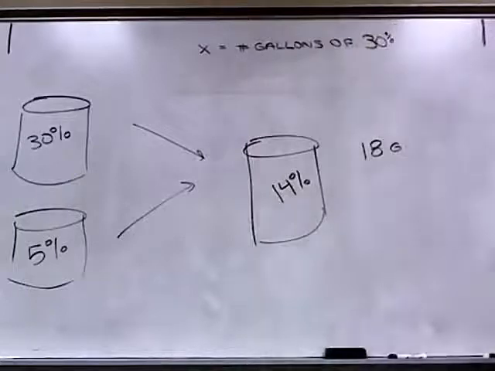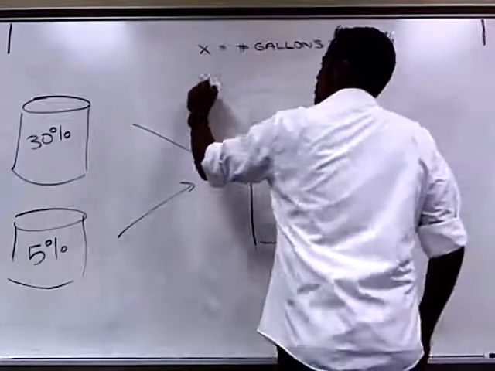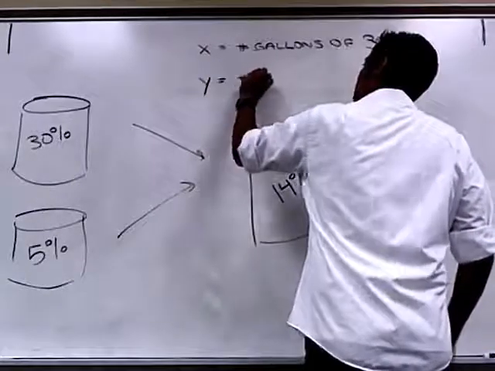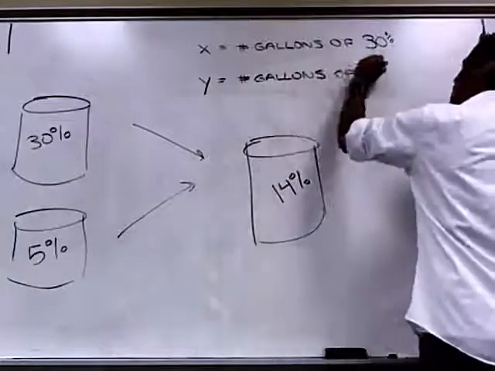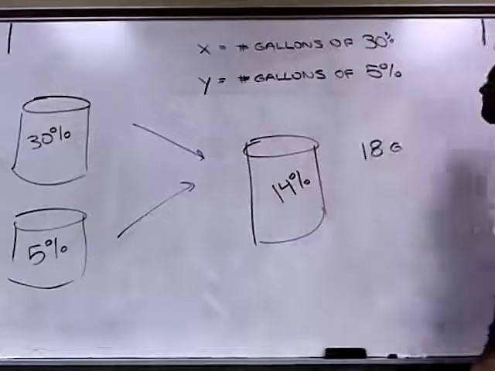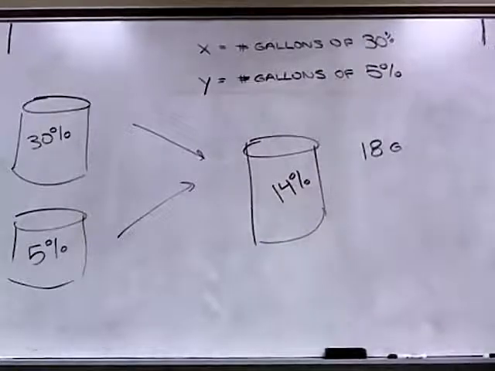That's the X, what I'm trying to figure out is how much of the 30% do I put in? And then Y should be the number of gallons of the 5%, right? That's all you have to tell me to answer the question. Just tell me what each one needs to be.